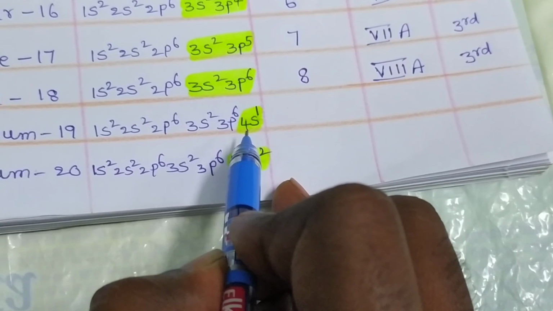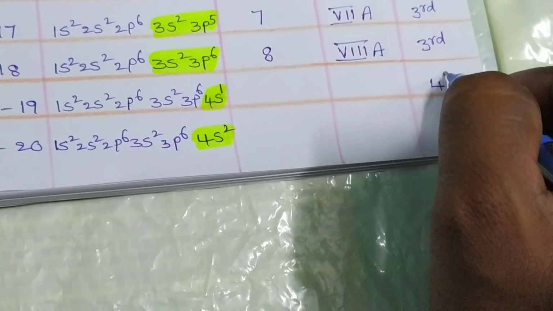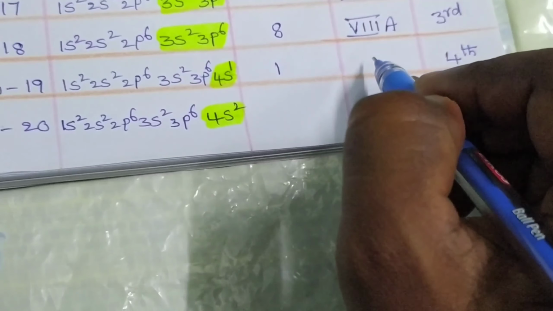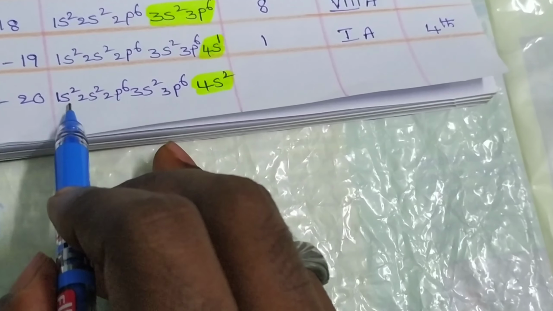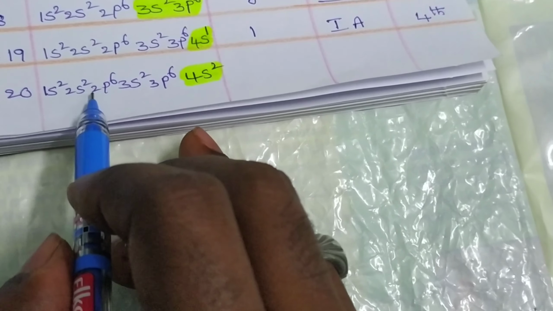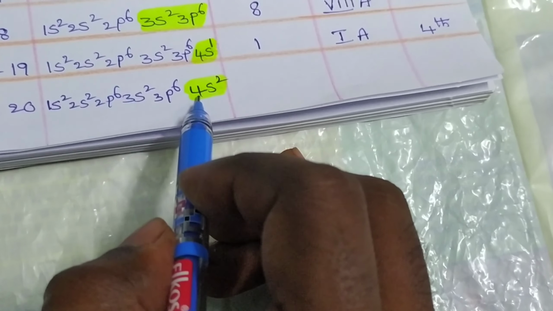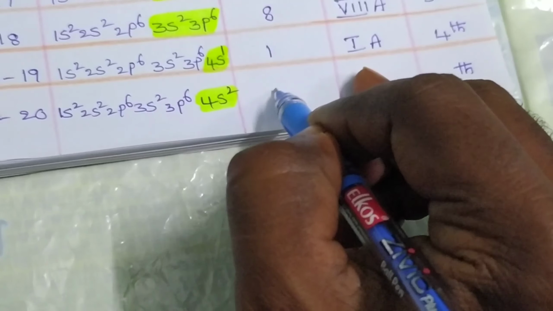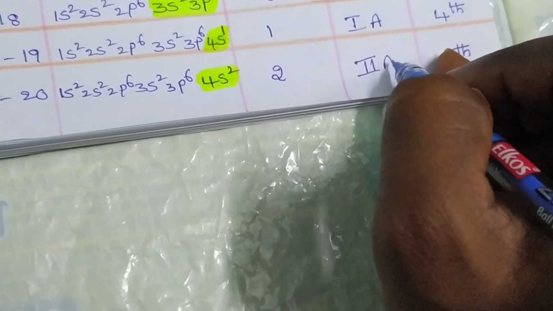The last electron is present in the fourth orbit, so potassium is present in fourth period in the modern periodic table. It contains 1 valency electron, so potassium is present in first A group. Now, calcium. The electronic configuration is 1s2, 2s2, 2p6, 3s2, 3p6, 4s2. The outermost orbit is fourth orbit, so calcium is present in fourth period and it contains 2 valency electrons. So calcium is present in second A group.